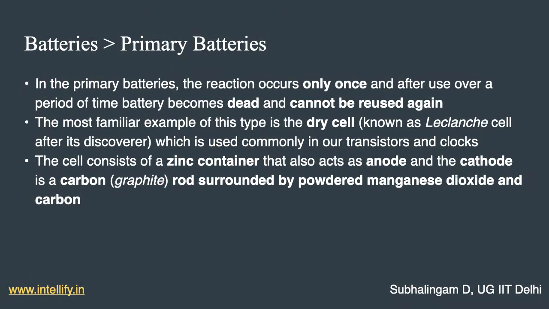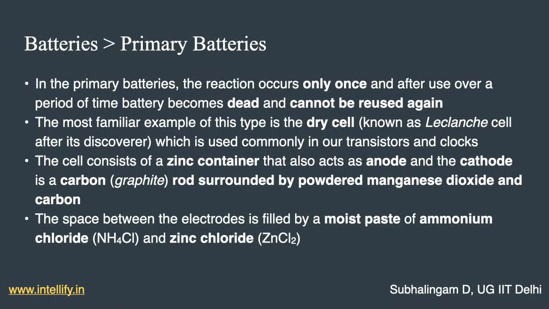So what's the anode over here? The anode is a zinc container and cathode is a carbon rod surrounded by powdered manganese dioxide and carbon. The space between electrodes is filled by a moist paste of ammonium chloride and zinc chloride. What is the paste made up of? NH4Cl and ZnCl2.